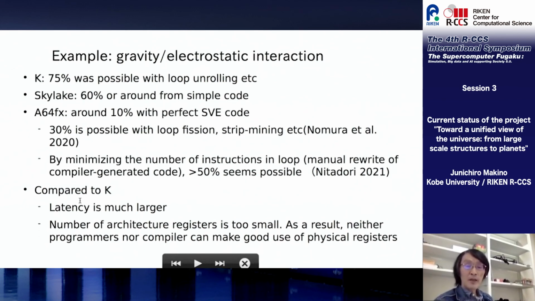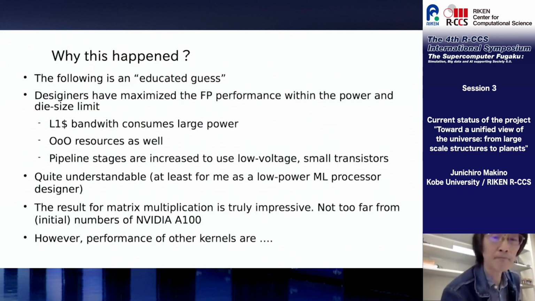So compared with K, the latency is much larger, and the number of architectural registers is too small for the compiler to achieve good efficiency, or for any human being to write good code. So you can guess why this happens.